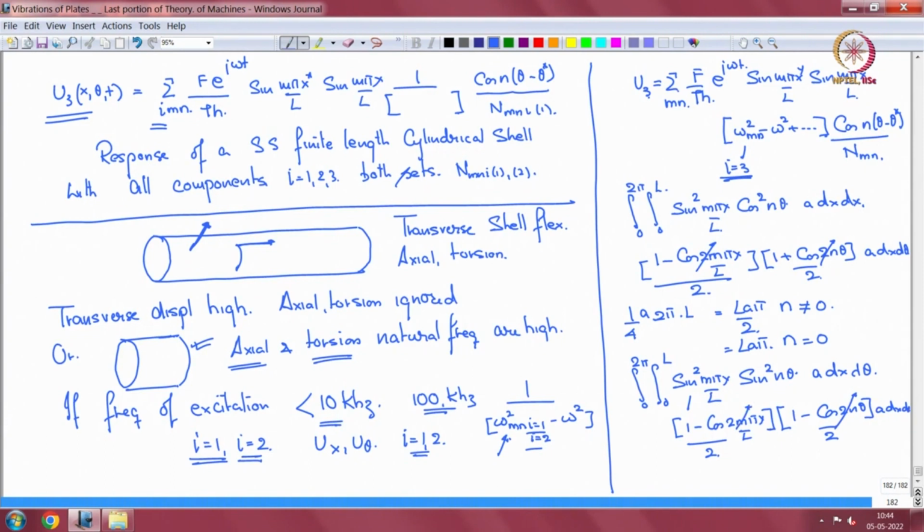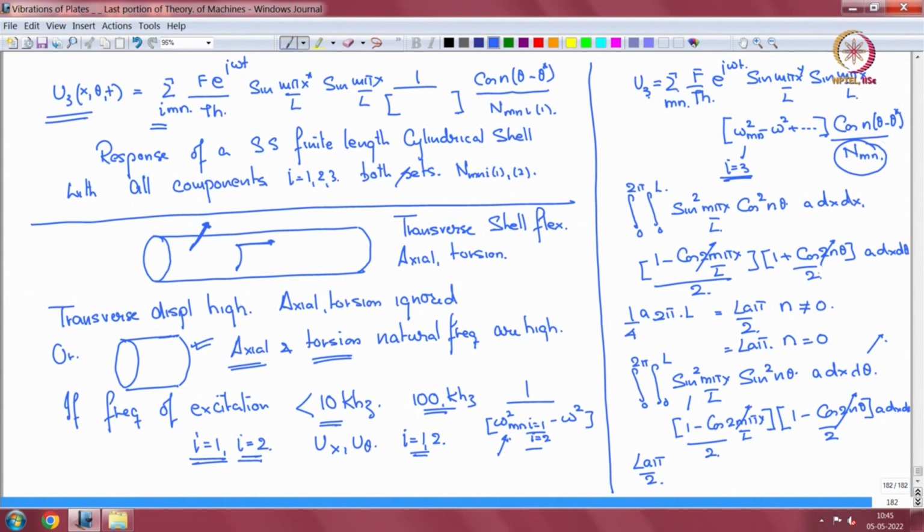Now when n equal to 0, this term is 0, and when n not equal to 0, we have the same L a pi by 2. So just as before, the same law holds over here for N mn.